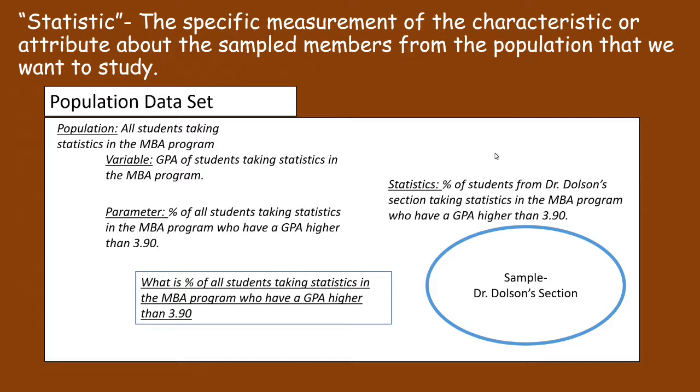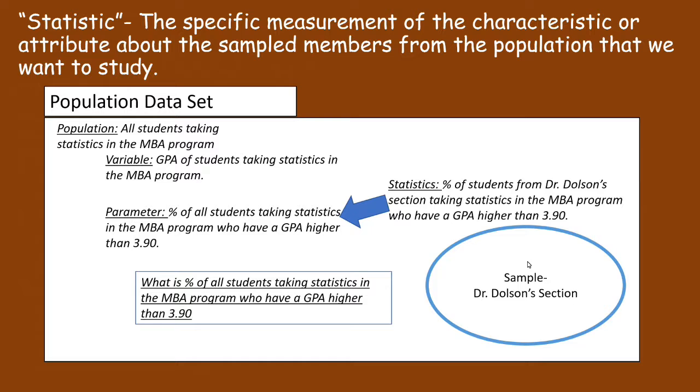There it is. What percent of all students taking statistics in the MBA program have a higher GPA than 3.90? That's the question we want to arrive at. But we don't want to sample everybody in the whole population because that could be too many. In our simple example, it wouldn't cost us that much, but you can imagine on a nationwide basis, it'd get expensive to answer that kind of question.